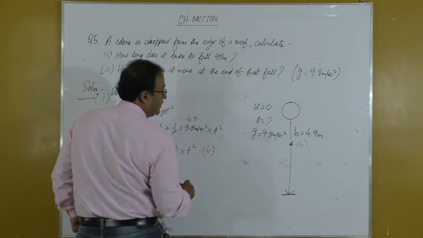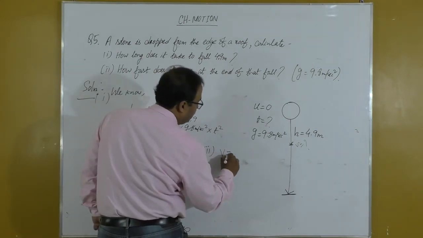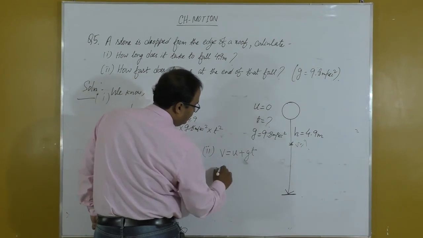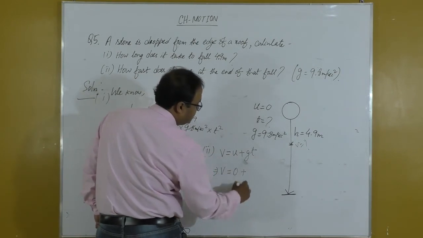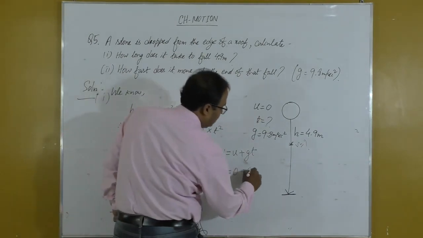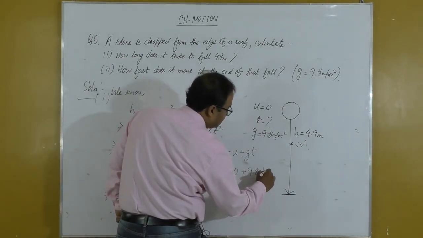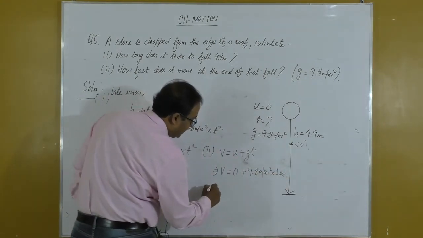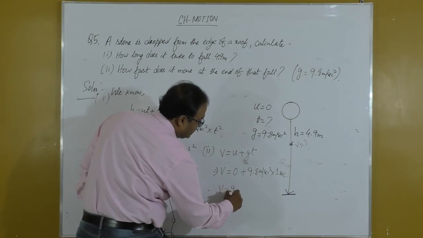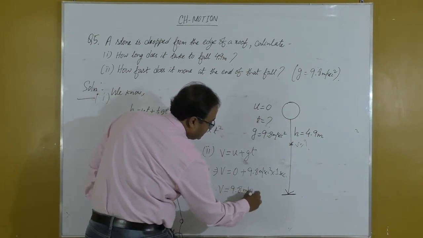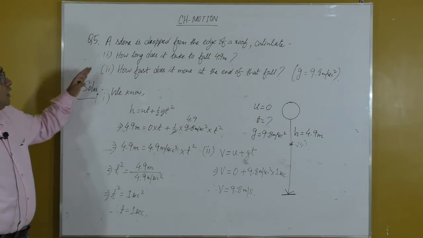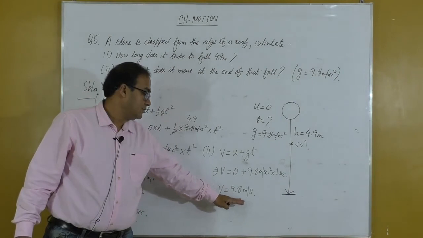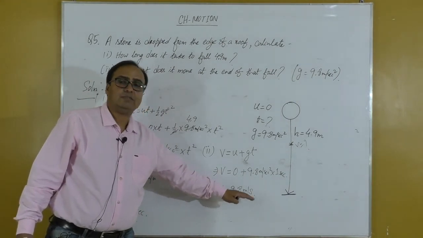In the second part we have to calculate the final velocity. We can use the formula v equals u plus gt. So v is equal to u, which we know is 0, g is 9.8 meter per second square, into t which is 1 second. So you will get v, if you simplify, 9.8 meter per second. So how fast does it move at the end of that fall? The body moves with a speed of 9.8 meter per second.